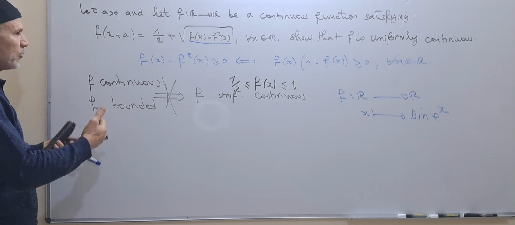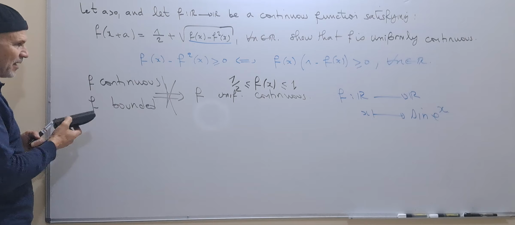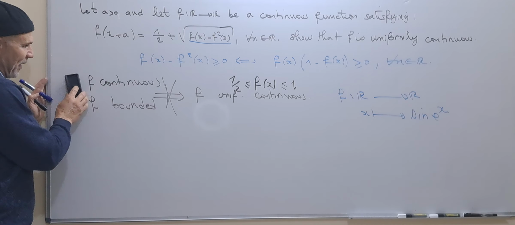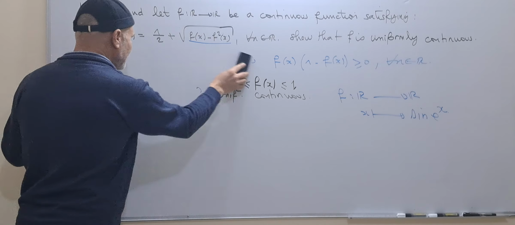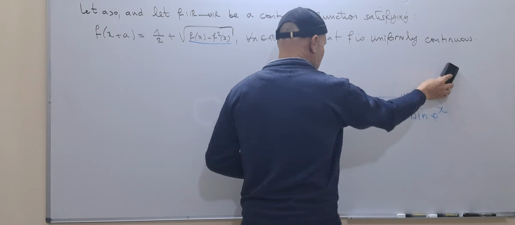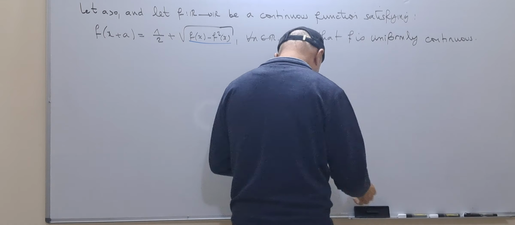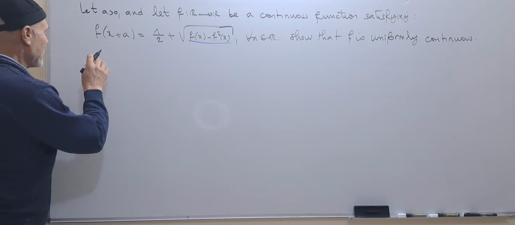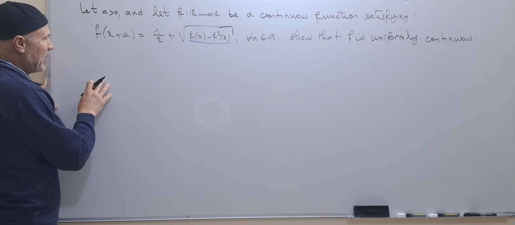So let us try to prove that this is a periodic function. Here we have two ways to prove that f is uniformly continuous.